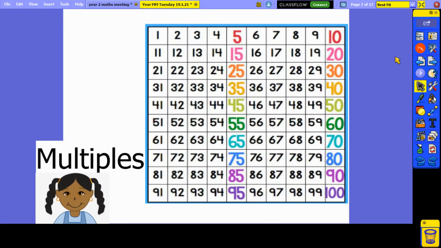We're going to get very good at these on our current unit on multiplication and division. Can everyone join in and help me count in 5s, please? 5, 10, 15, 20, 25, 30, 35. Hey, some of you aren't joining in.